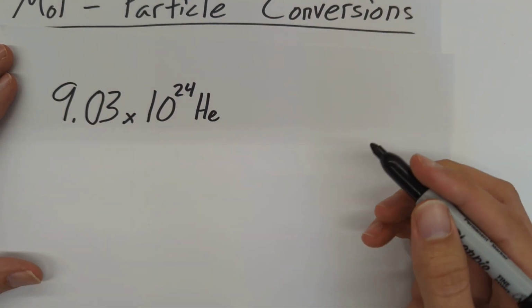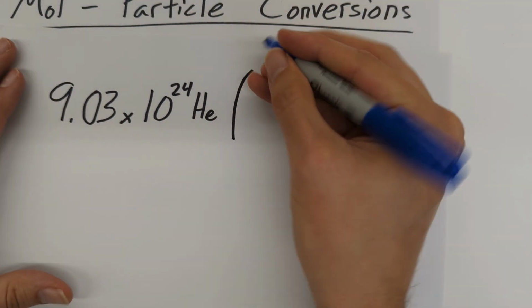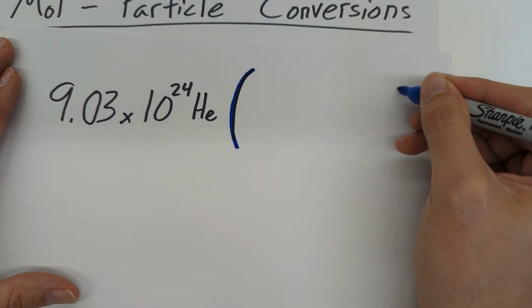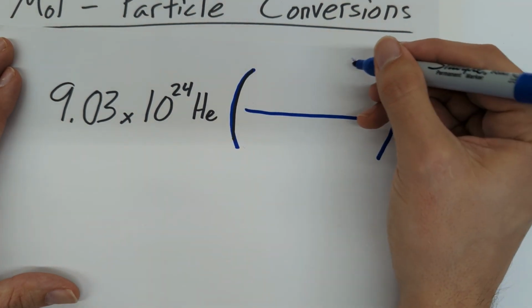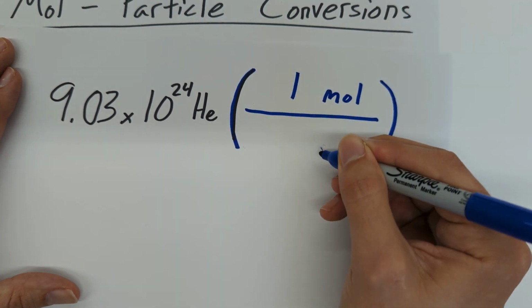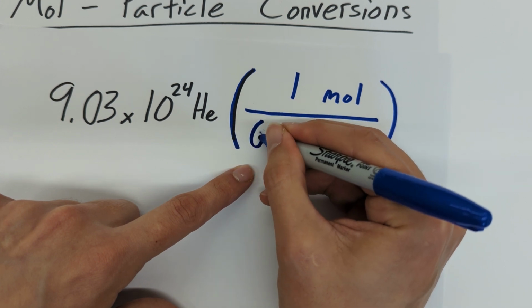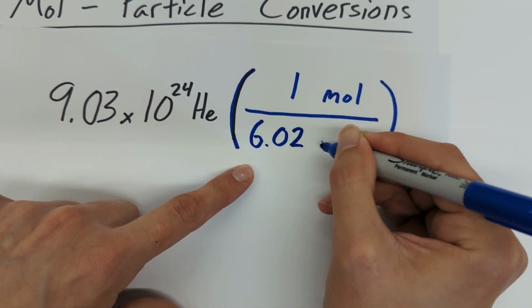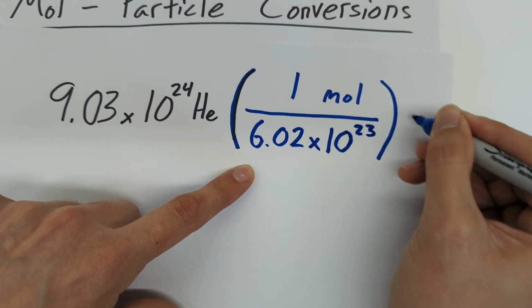And if we wanted to convert that to how many moles we had, let's do this in a different color. So we got our conversion factor. If we're trying to go to moles, we would put the 1 mole on top. And on the bottom, we would put how many atoms of helium that is. So 6.02 times 10 to the 23.